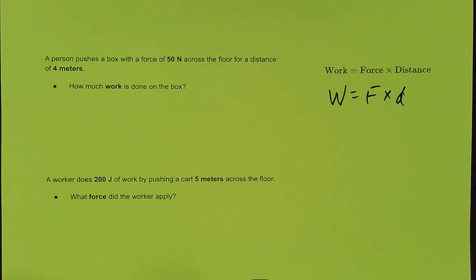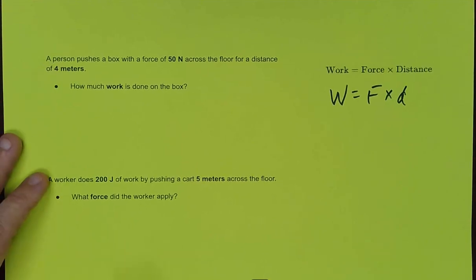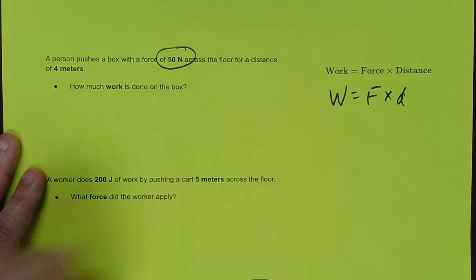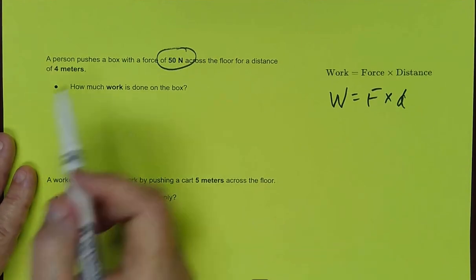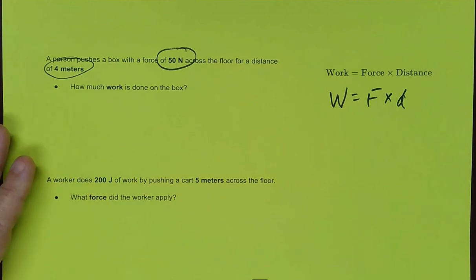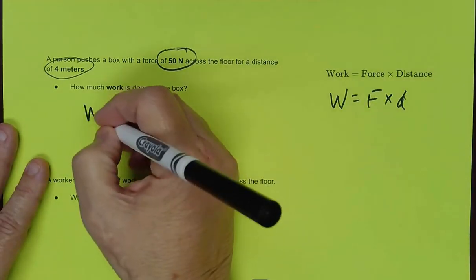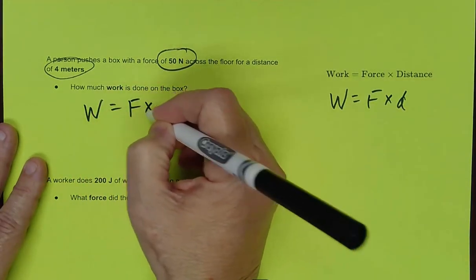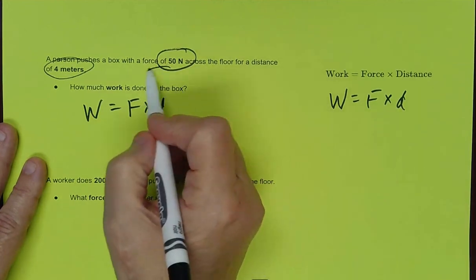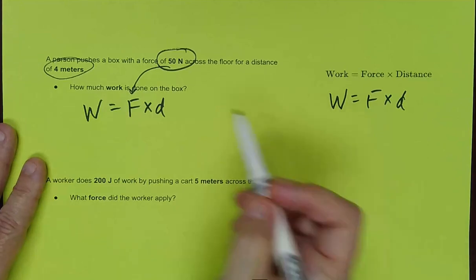So if I have a heavy couch and I want to move it a certain distance, then we can calculate the work by knowing the mass of the couch and how far I want to move it. A person pushes a box with 50 newtons of force for 4 meters. So work equals force times distance. The force is 50, that goes in for that.